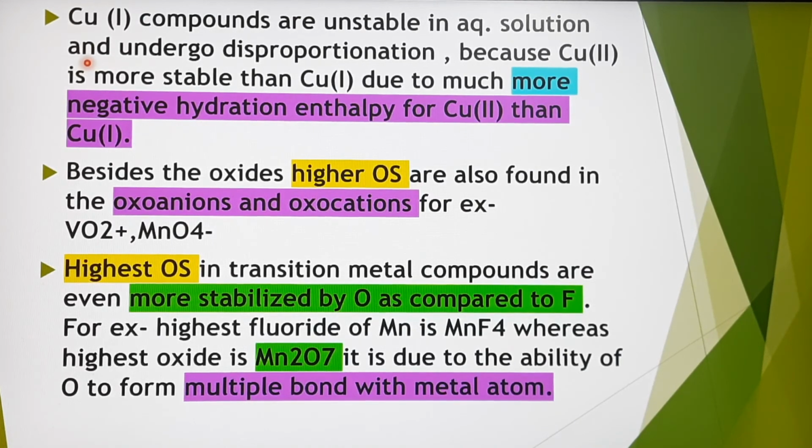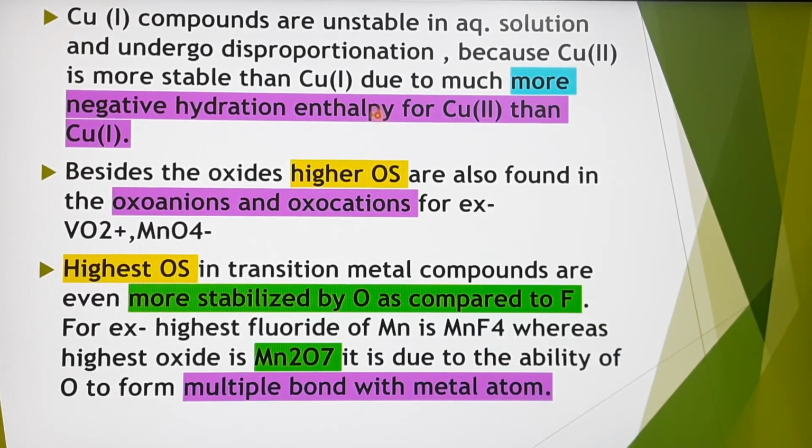Copper +2 ions are more stable because of more negative hydration enthalpy, because for finding the E0 value, the standard electrode potential value, 3 factors are responsible: sublimation enthalpy, ionization enthalpy and hydration enthalpy. On the basis of these 3 values we can find the electrode potential, and for the copper +2 ion the electrode potential value is low because of more negative hydration enthalpy.